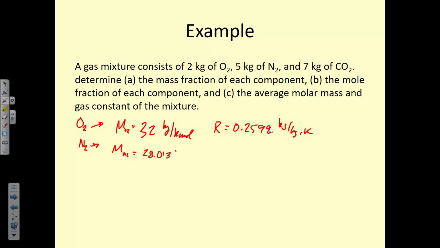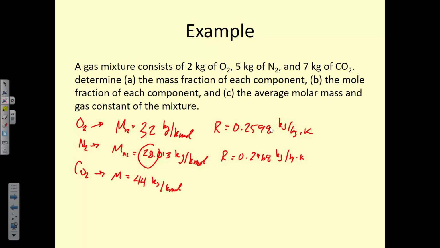That helps me keep things organized. Kilograms per kilomole, so it's 28.013 or just 28. R is equal to 0.2968 kilojoules per kilogram Kelvin. And for CO2, our molar mass is equal to 44, and our R value is equal to 0.1889 kilojoules per kilogram Kelvin.